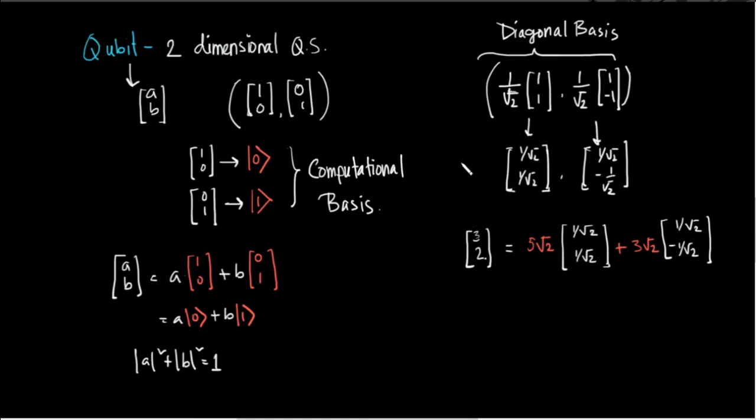This state is called the plus state and this state is called the minus state. So we learned about two types of basis of a qubit, the computational basis and the diagonal basis.